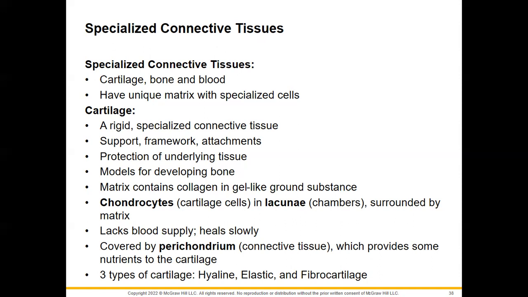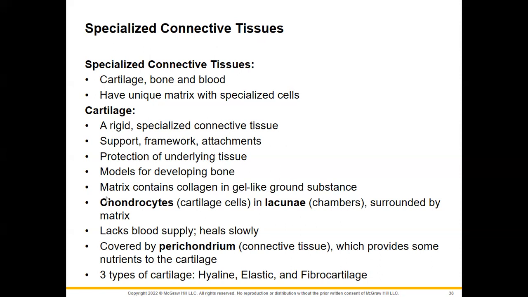We said that it is rigid and strong, yet it has this squishy, collagenous, gel-like ground substance, like gristle on the ends of bones. It's firm, but it has some give to it. That is that gel, collagen in gel-like ground substance.